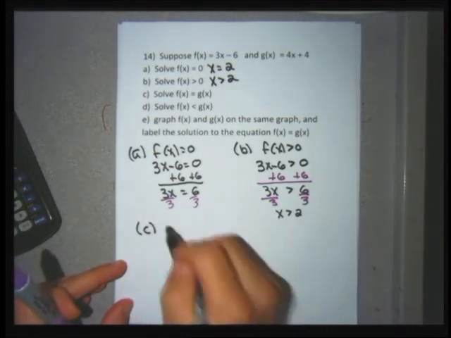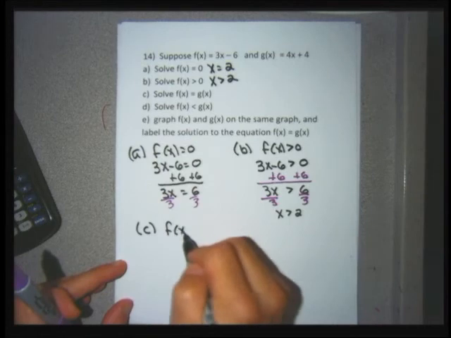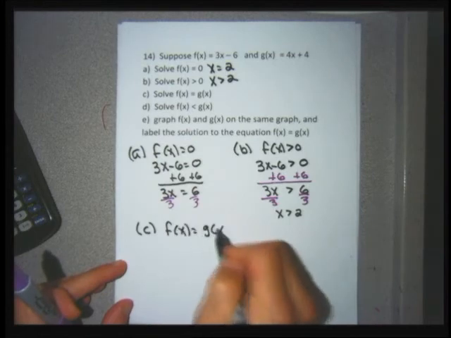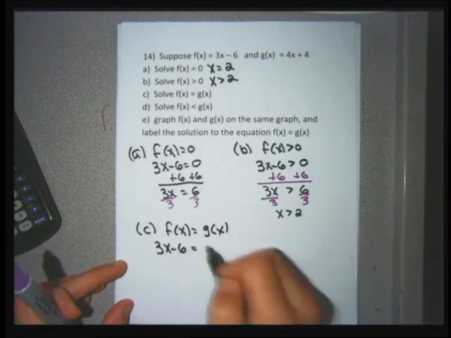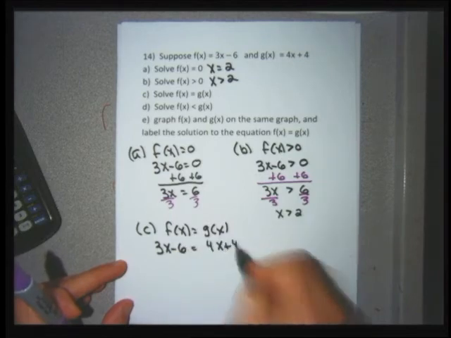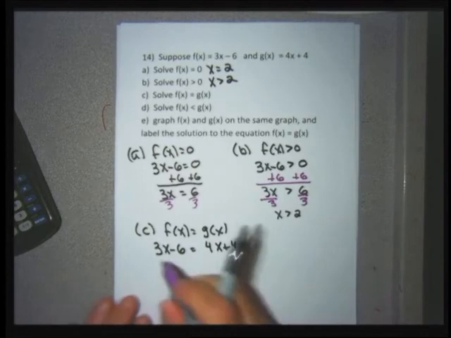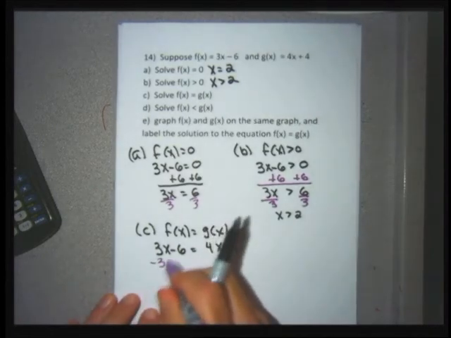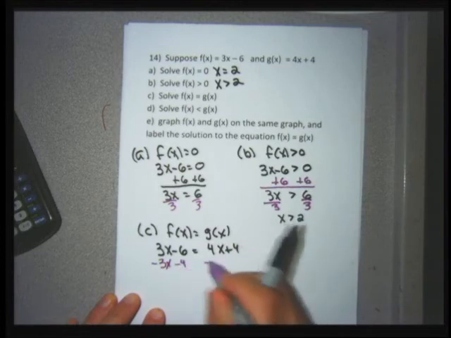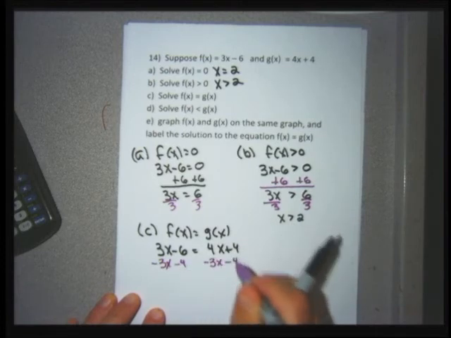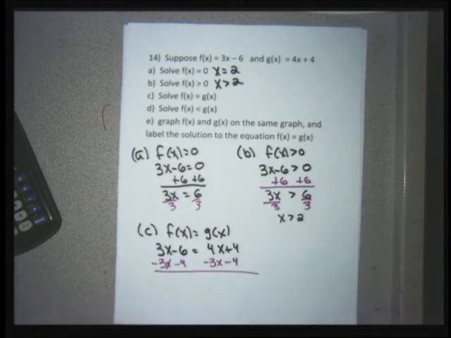C wants me to find where f of x equals g of x. I do that by setting the right-hand side of the f function, 3x minus 6, equal to the right-hand side of the g function, 4x plus 4. I'm going to be slick. I'm going to subtract 3x and subtract 4 from both sides, just because I can tell that was going to make my x positive.